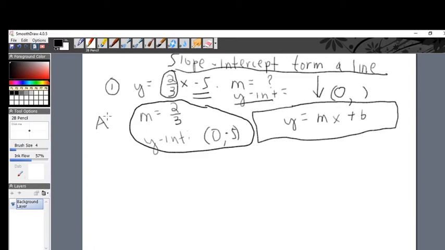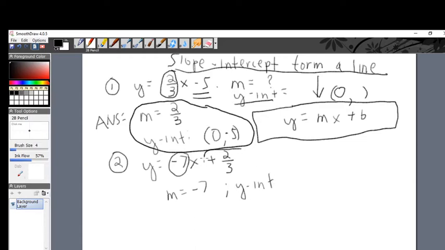Here is the answer to the two questions. So it's very simple. Number 2, if you got y equals minus 7x plus 2/3, you can answer right away. The slope is equal to negative 7, and the y-intercept is positive 2/3, so it's 0, comma, 2/3.